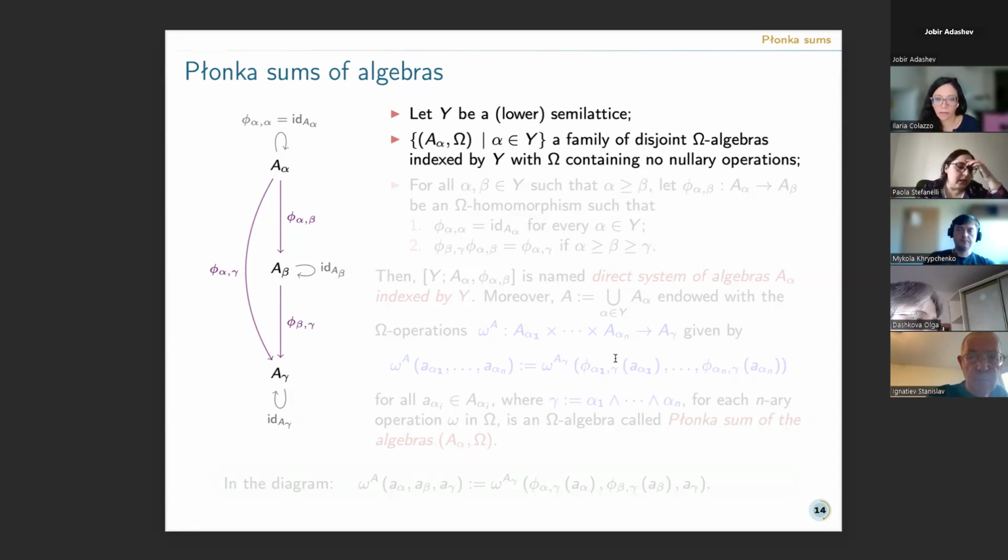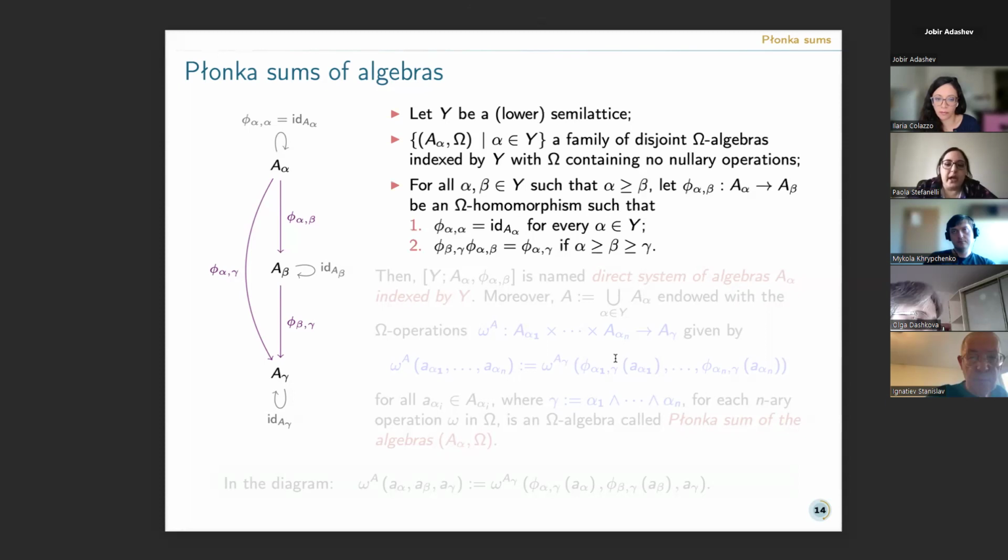As written by Płonka, this is not exactly a serious assumption on our family of omega algebras, because it can be replaced by other assumptions, but we accept this for now. For all alpha and beta in Y such that alpha is greater than beta, we can consider a map phi alpha beta from A alpha to A beta that is an omega homomorphism, such that phi alpha alpha is exactly the identity on A alpha for every alpha in Y.